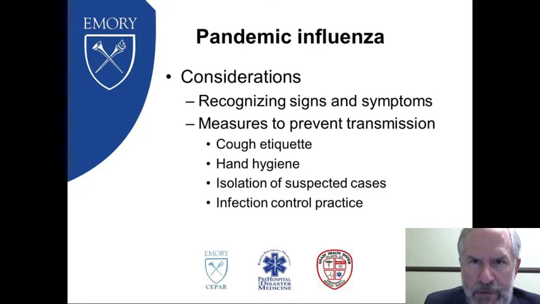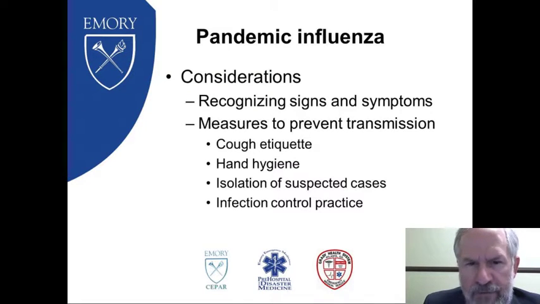Considerations for pandemic flu. First of all, it's important to recognize signs and symptoms as early as possible so that individuals who are infected can be effectively managed. And to prevent transmission, there are a number of different measures which should be employed routinely. Of course, these are the ones that might be utilized anyway in seasonal flu, but perhaps emphasized even that much more strongly.